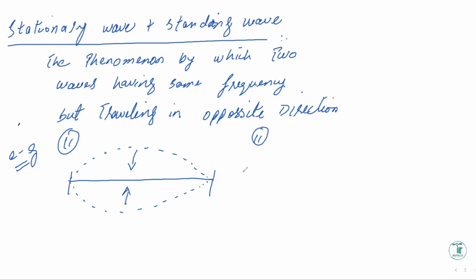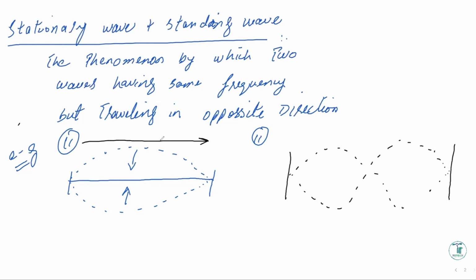You have a single string, but now you're plucking it from two different ends, so you would have a wave with two loops, and it would look like this. For example, the length of the string is supposed to be L. Similarly, the length of this string is supposed to be L as well. Now, how would you write that length in terms of wavelength, right? You have this node and you have this node as well.